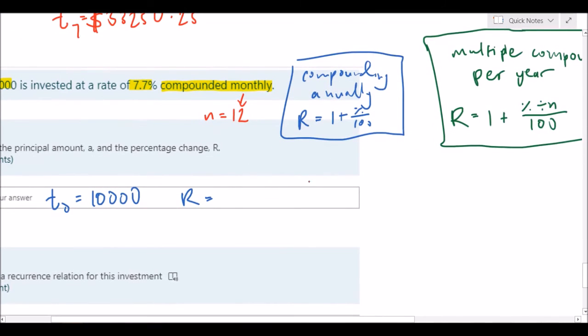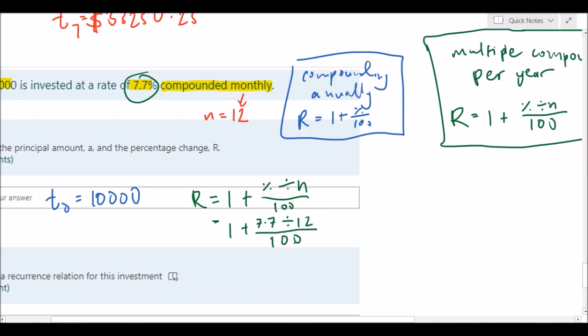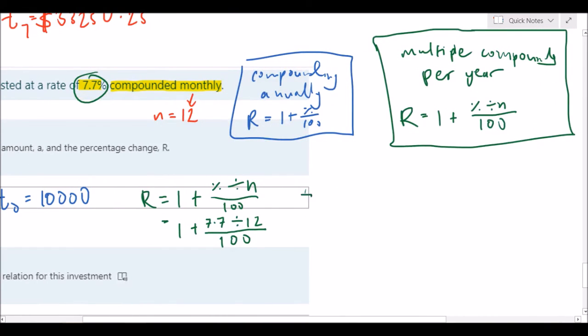So in this case, it's going to be 1 plus the percentage divided by the number of compounds over 100, which gives us 1 plus, the percentage was 7.7, as you can see, divided by number of compounds per year, which is 12, that divided by 100. So this will give us our common ratio R.